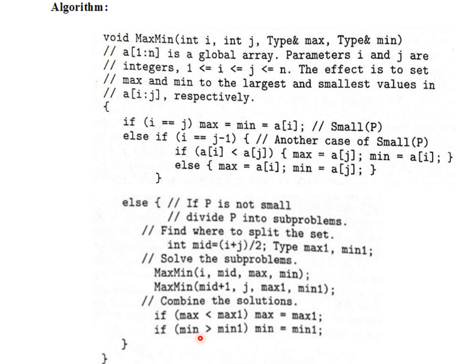Similarly, if minimum is greater than minimum 1, meaning the minimum from the first call is greater than the minimum 1 from the second call, then minimum is assigned minimum 1. Otherwise, minimum stays minimum, and if the maximum condition fails, maximum stays maximum. So this is the algorithm.